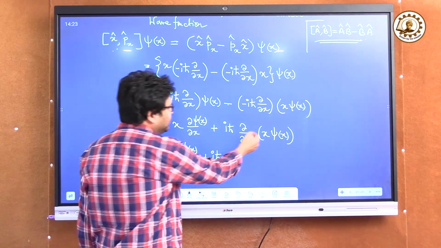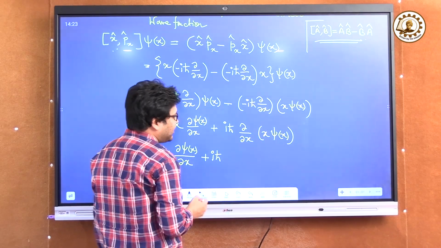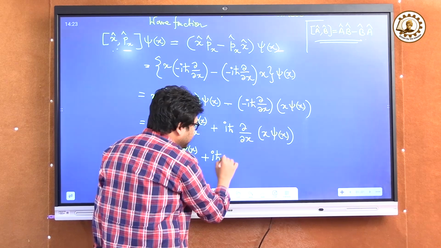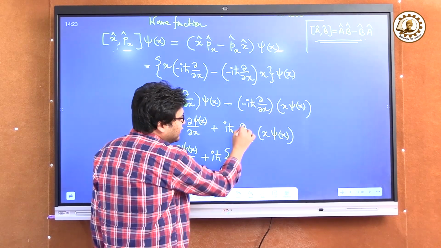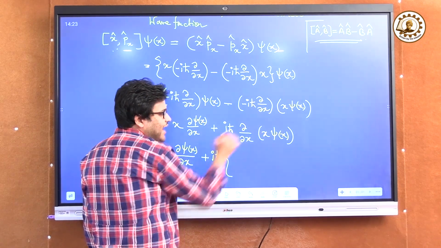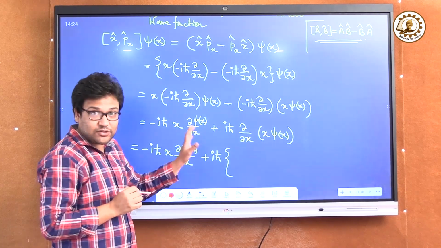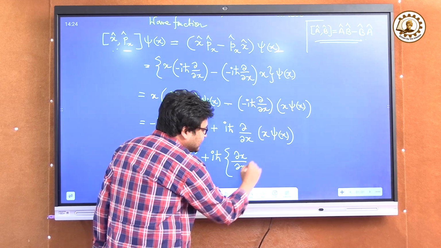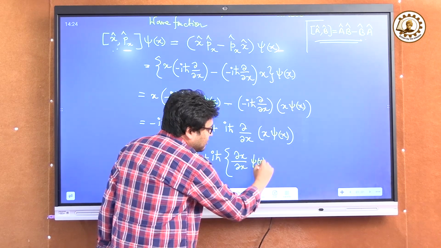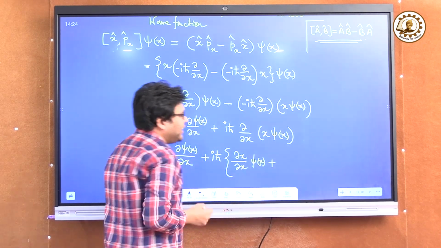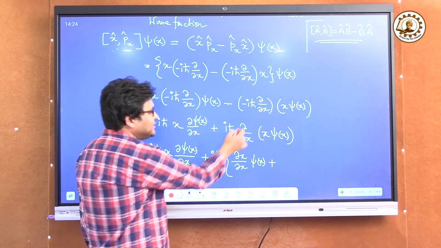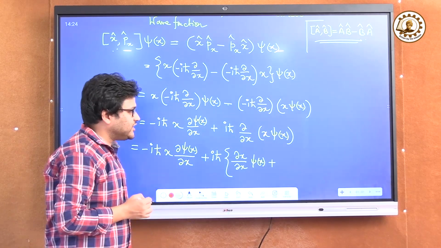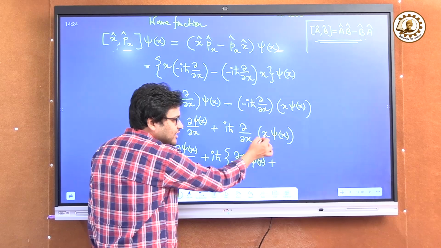It is going to operate on x and ψ(x), on both of them, so I can write it here. First of all, ∂/∂x is going to act on x keeping ψ(x) constant, so it is ∂x keeping ψ(x) constant, plus, in the second term, this partial derivative with respect to x is going to act on ψ(x) keeping x constant.